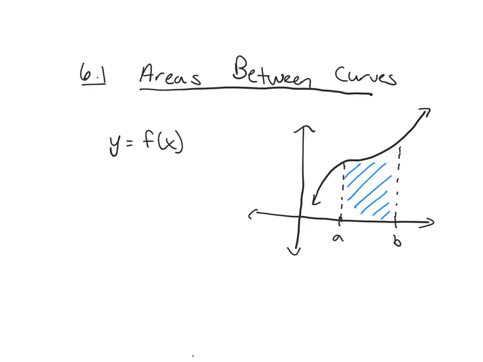To find the area of this region, let me call that A. The area is going to be the integral from a to b of our function. So the area underneath the curve, you integrate, and you have bounds on your integral from a to b.